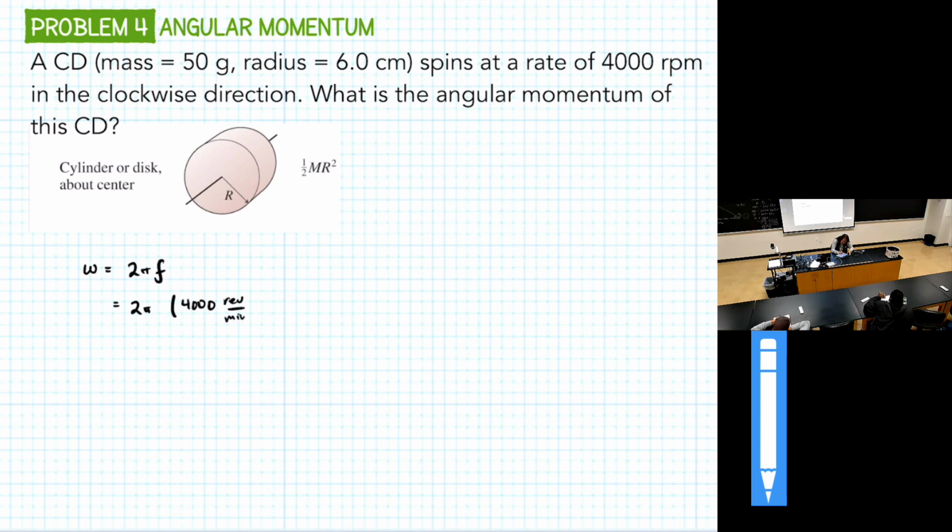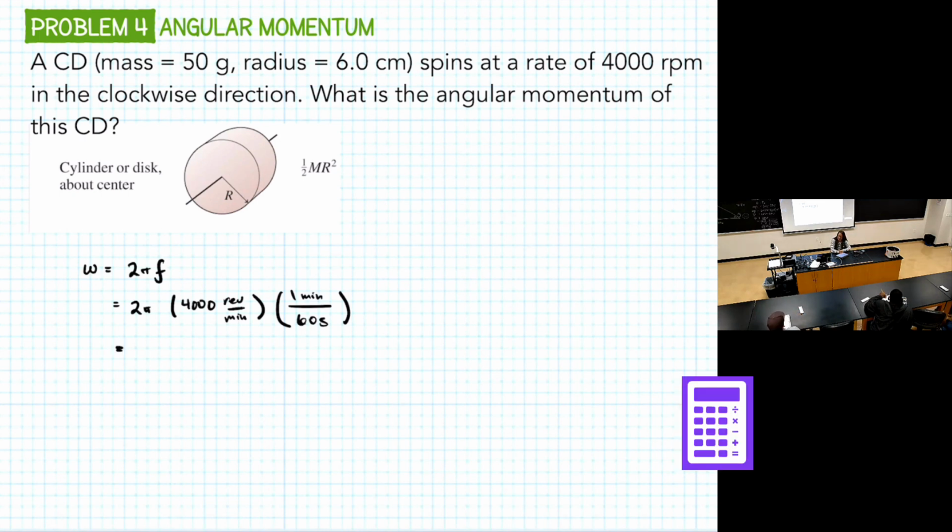Minute, that's what the M stands for in RPM. And for every 1 minute, we have 60 seconds, okay? And that's going to give us an angular speed of 419 radians per second, okay?